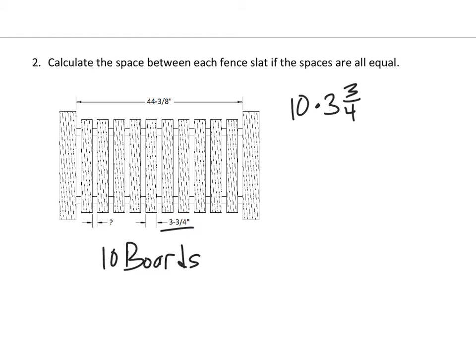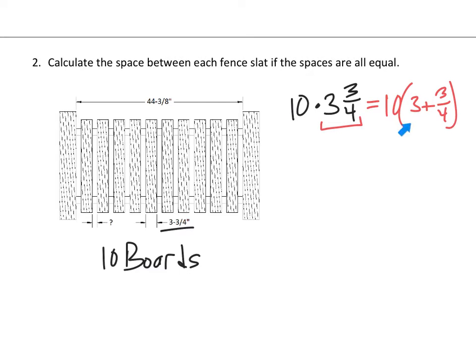Okay, now watch this. We've all worked with fractions, and here we have 3 3/4. We read it as 3 3/4. Here's one nice way to think of this: think of this as 10 times 3 plus 3/4.